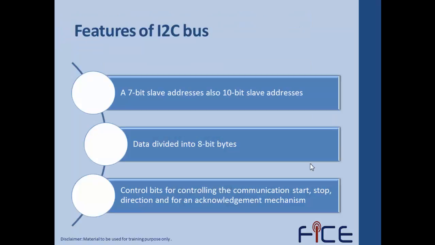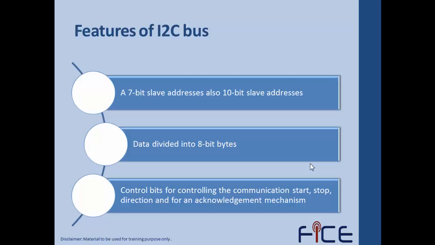Coming to the features of the I2C bus, those two wires, that is the SDA and SCL lines, make it possible to support serial communication with 7-bit and 10-bit device slave addresses.